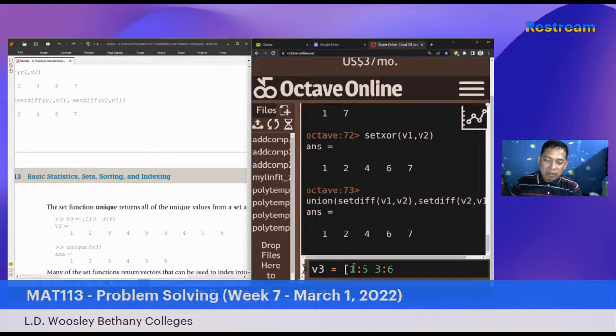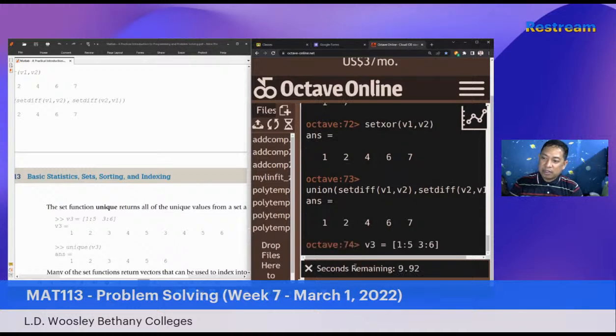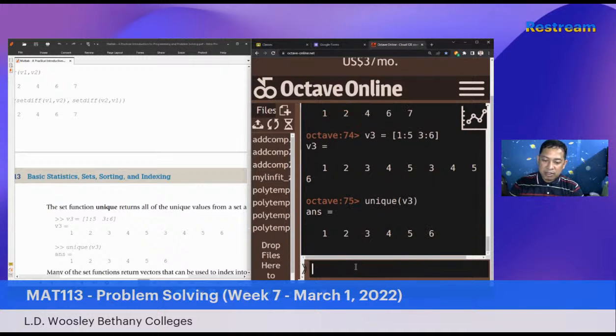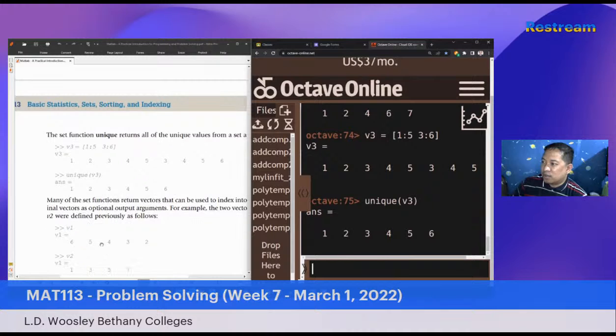So 1, 2, 3, 4, 5, then 3, 4, 5, 6. So that would be the composition of vector B3. Yan, medyo mahaba. Then we could say what is the unique value as far as B3 is concerned. So yan. So yung redundant dyan, tinatanggal niya na. Kasi nga unique function. Right?